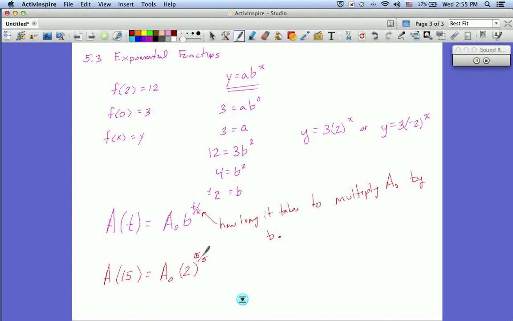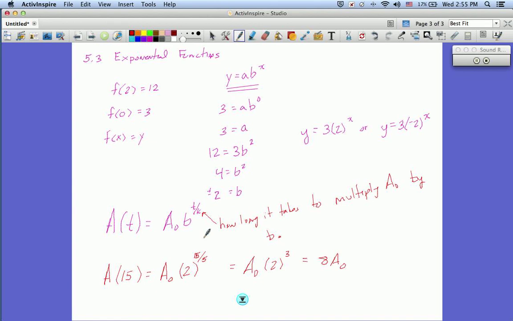So in a span of 15 days, it's going to multiply a sub 0 by 2 three times. This is really a sub 0 times 2 to the third power, which is a sub 0 times 2 times 2 times 2, or simply 8 times a sub 0. So it's 8 times the original, but it doubles every 5 days, so we put a little 5 here just so we're not saying 15 days and raising it to the second 15 times, when we only need to do it 3 times because it doubles every 5 days.